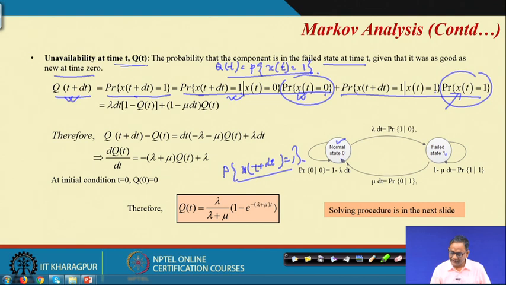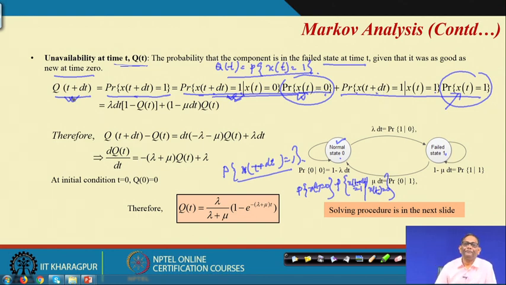First, it is 0, that is the probability x t equals 0, and x at t plus delta t is 1 given that x t equals 0. This is the first part. Similarly, you can write the second part. So, this probability times this probability, plus this probability times this probability. This is the unavailability at time t plus delta t.